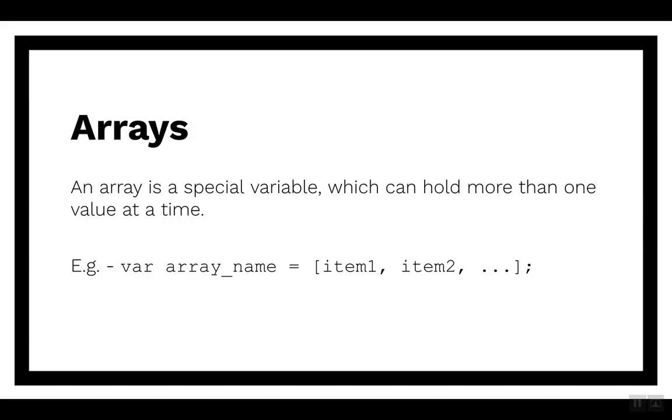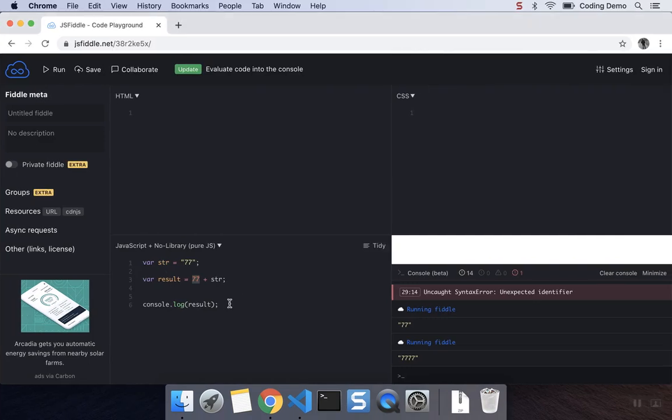Alright, arrays. So arrays is another data type where, it's not actually a data type, it's a special variable that can hold multiple values at a time. So the way to define an array is, as you can see here, let us try something with arrays. So let's say var arr equals, and we'll add some values.